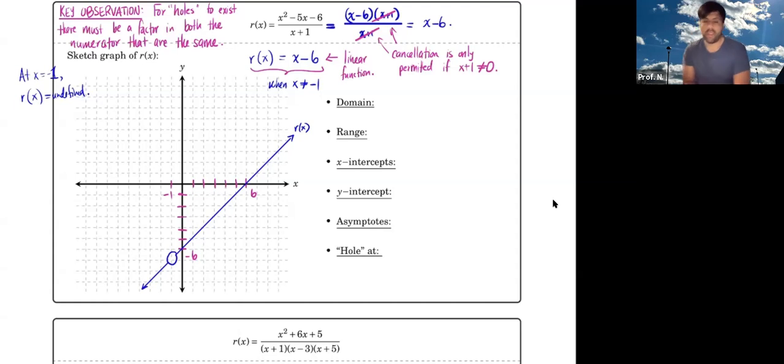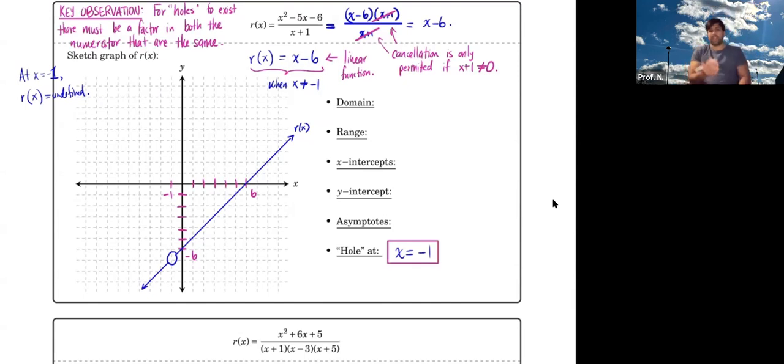Now, you would think that there is a vertical asymptote, but the problem is that x plus 1 does not just exist in the denominator, it also exists in the numerator. Because of that, there won't be a vertical asymptote. There will be a hole instead. So the hole is at x equals -1. That's the first thing.